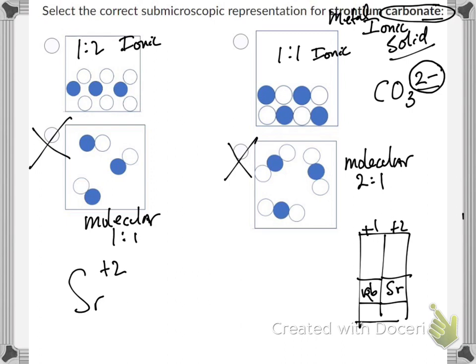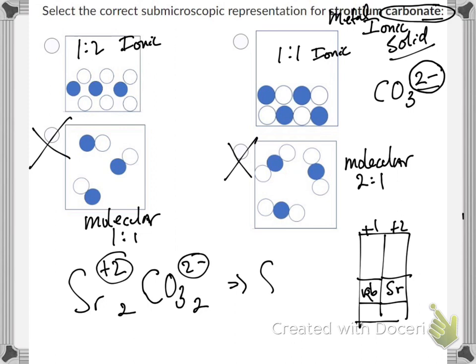We'll talk about these substances in more detail. When we look it up, it's 2-. So we have the same charges, a 2 and a 2, which means it's strontium CO3. So it's 1-to-1. This is a 1-to-1 metal, and we would pick this substance.